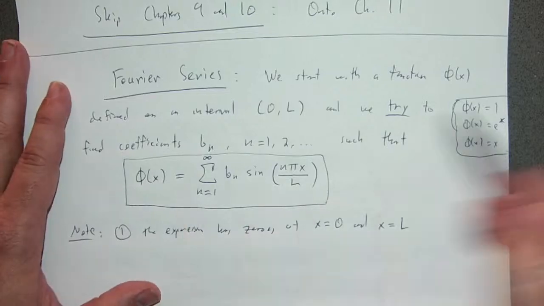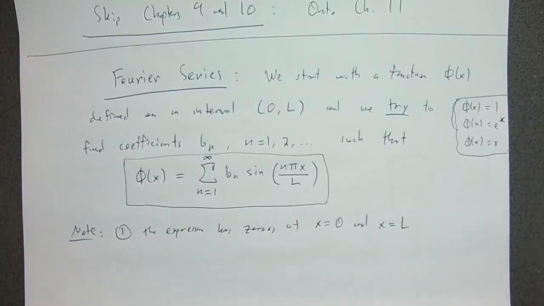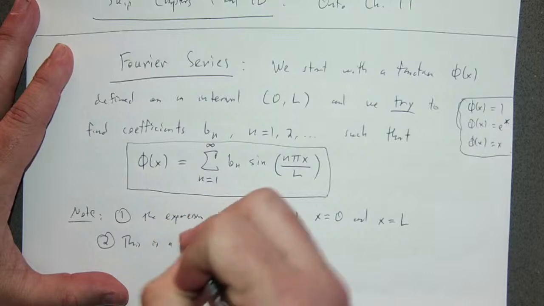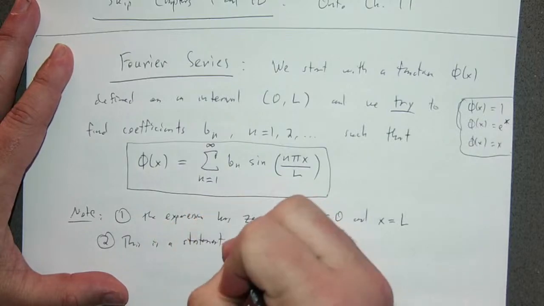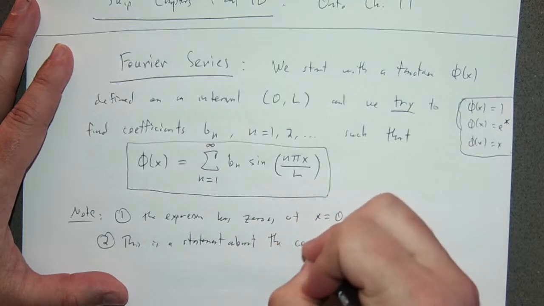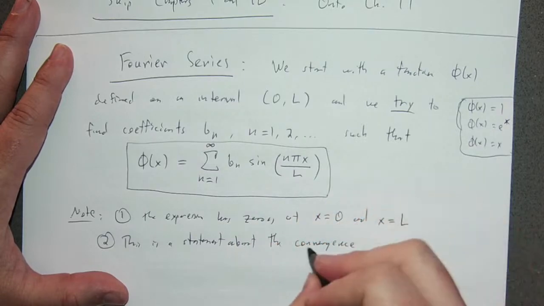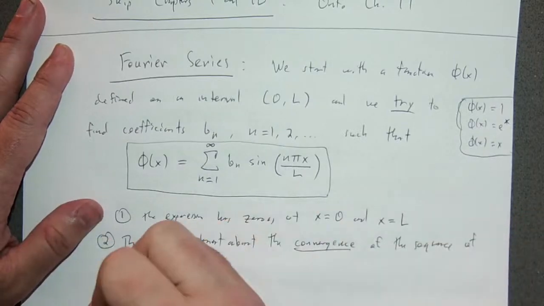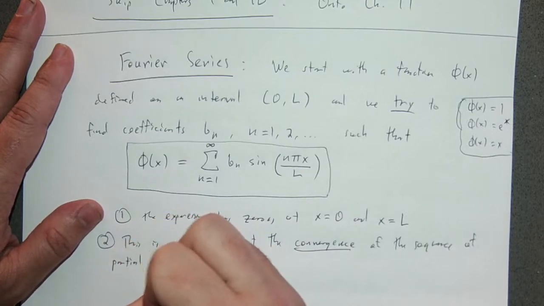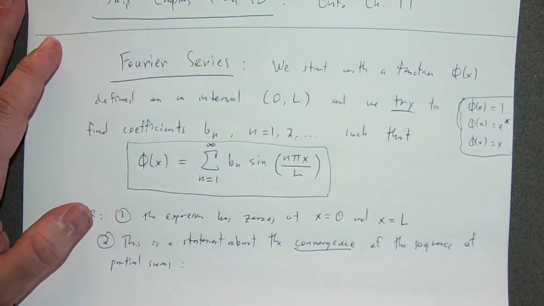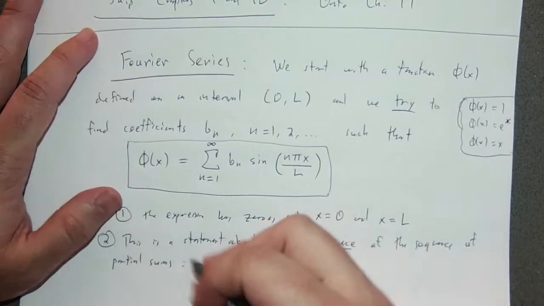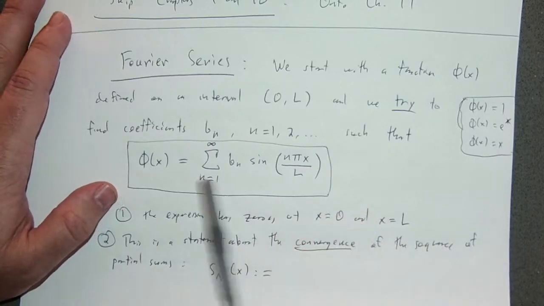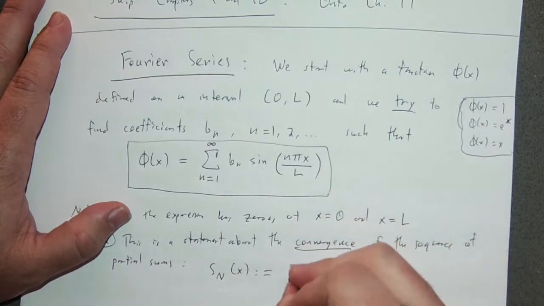Well, when I say that these things are equal to some infinite sum, then I'm saying something about convergence. So this is a statement about the convergence of the sequence of partial sums, which is s sub big N of x, which we can define to be just this expression summed up to big N, instead of to infinity.